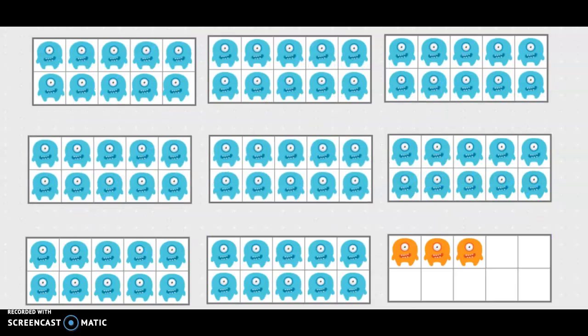All right, let's try another number. So remember that we are counting by tens because these frames are full. So the first one is 10. The next one would be 20.